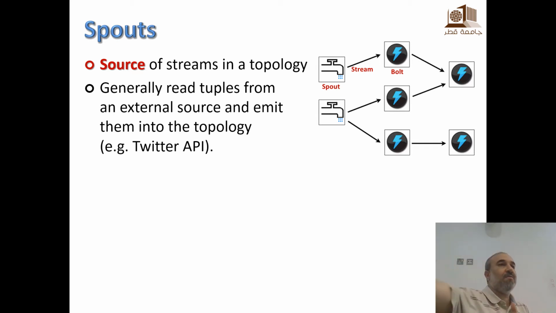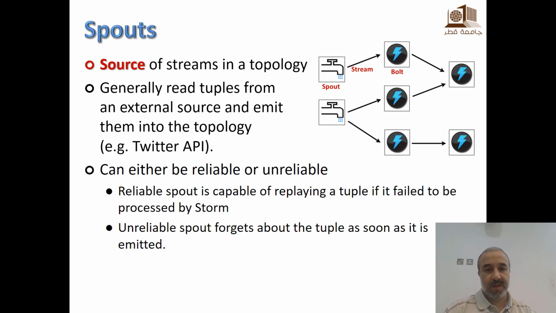Generally, it reads from the original source. If we listen to the Twitter stream, then it listens to the API and provides the tweets one by one. So that's the source of the streams.